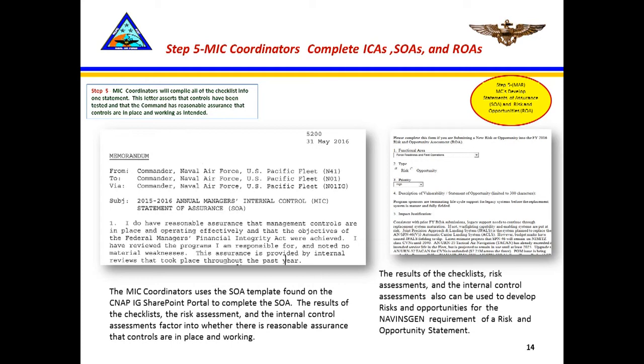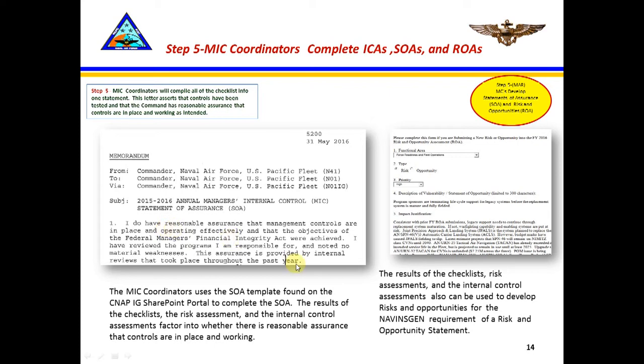So they take all of the information that they've received from everything else, and they determine whether or not the statement should be an unqualified statement, meaning that there are no errors or material weaknesses to report, or if the statement should be a qualified statement. They say that in effect they have reasonable assurance that management controls are in place, with the exception of whatever the exception might be.